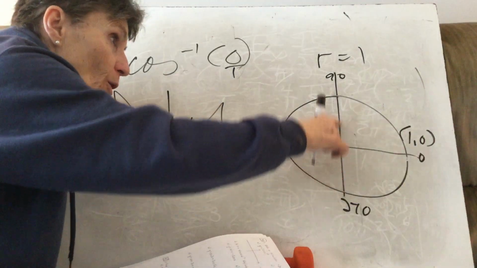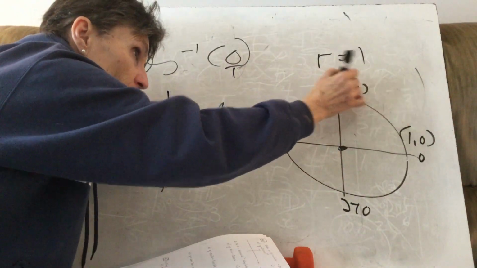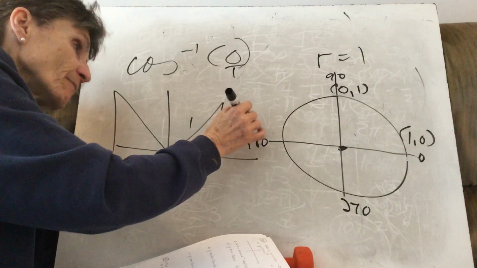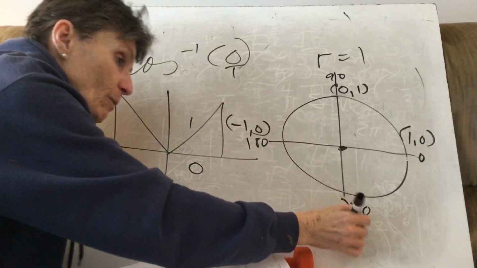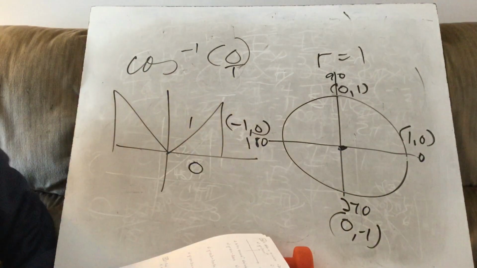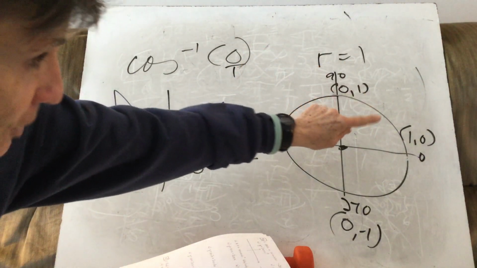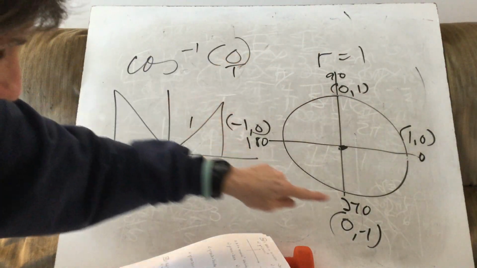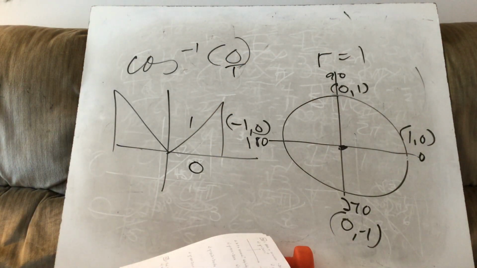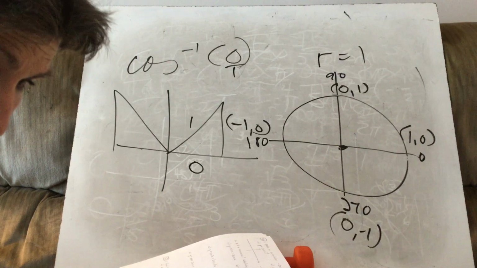And then I'm going to go up 1, so that's 0, 1. And then left 1 and down 1. So if the radius is 1, I can actually label those points. Would you agree with me? Starting at the origin and going 1 in every direction.